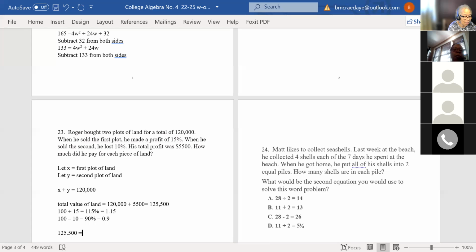Well, the 1.15 came from X, so X times 1.15, plus Y times 0.9. That's it.